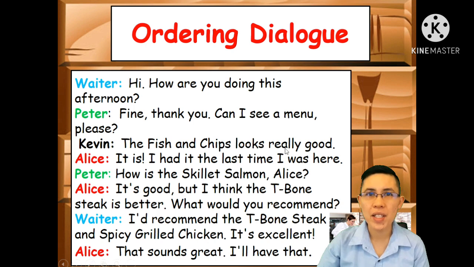Peter: How is the scalloped salmon, Alice? Alice: It's good, but I think the T-bone steak is better. What would you recommend? Waiter: I'd recommend the T-bone steak and spicy grilled chicken. It's excellent. Alice: That sounds great. I'll have that.